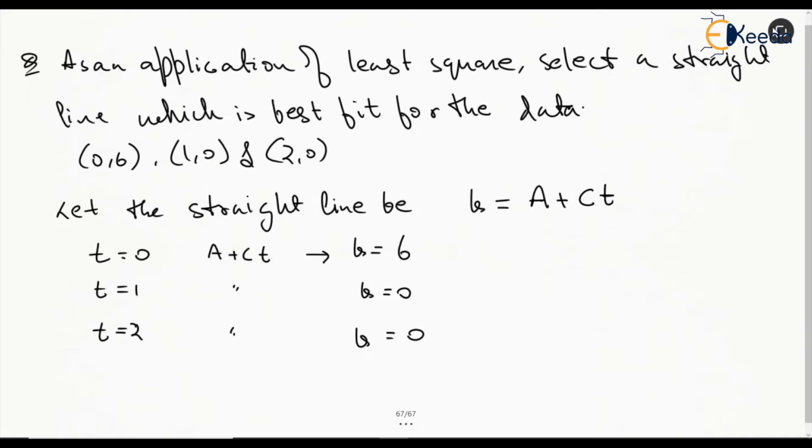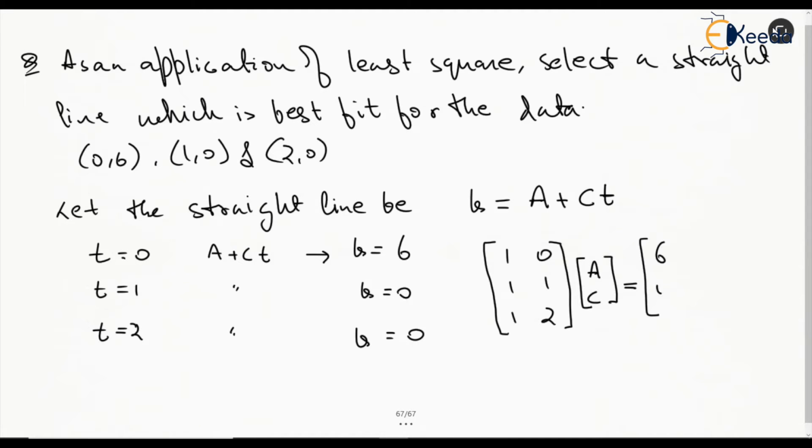So if you take it in a matrix form, we will have the matrix with rows (1, 0), (1, 1), (1, 2) times A, C giving 6, 0 and 0. Right?